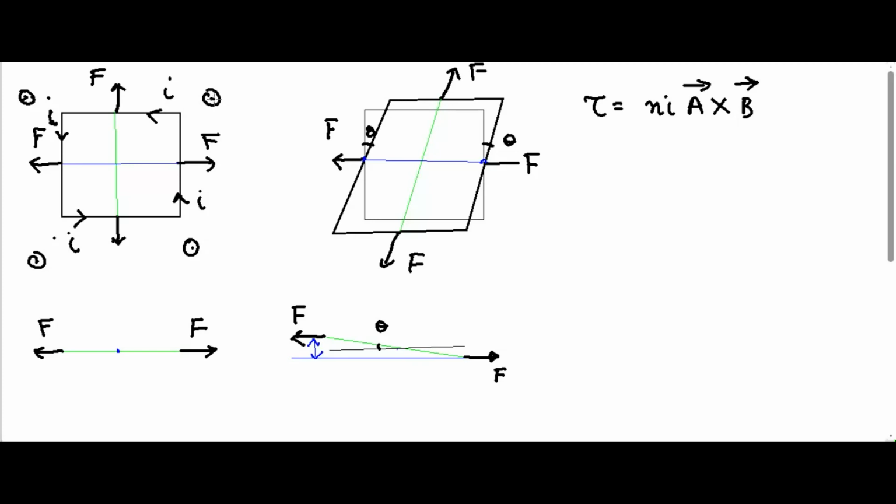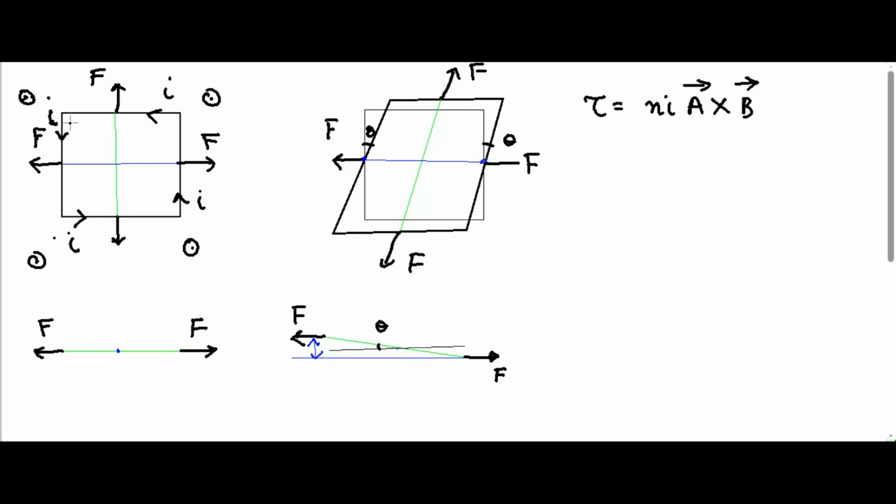screen. Then the magnetic field and this area will make 90 degrees with each other, and the normal to this area, or the area vector, is defined by the normal to this area. So the direction of the normal to this area will be the direction of the area vector.